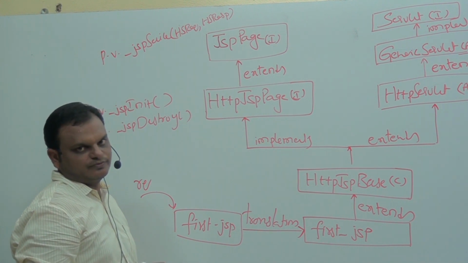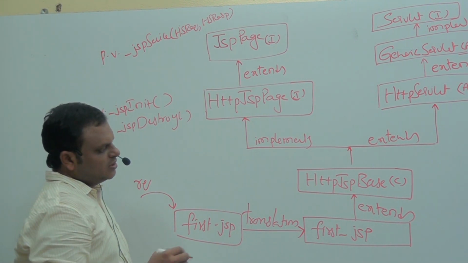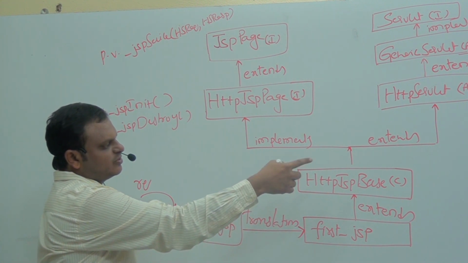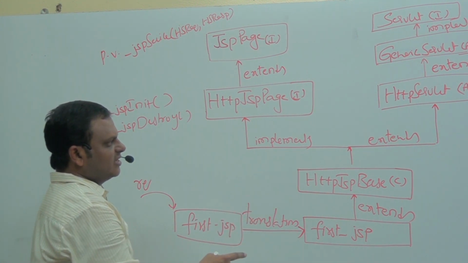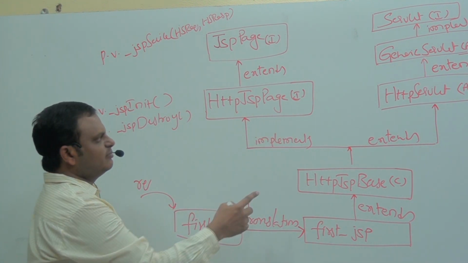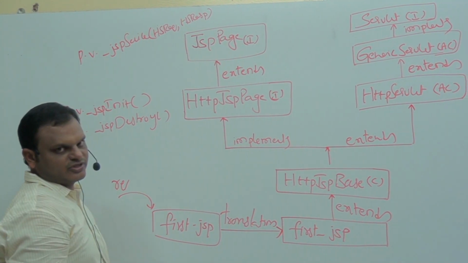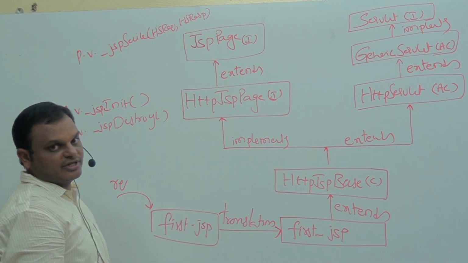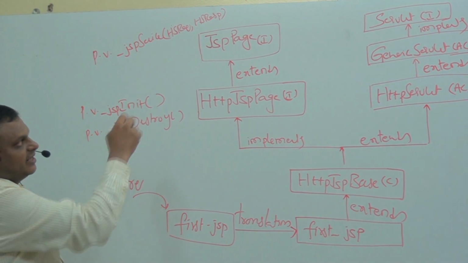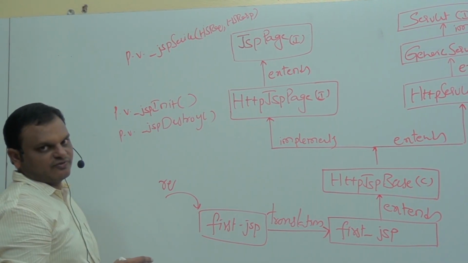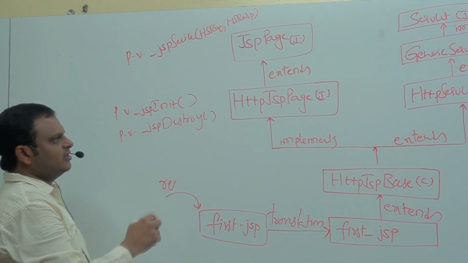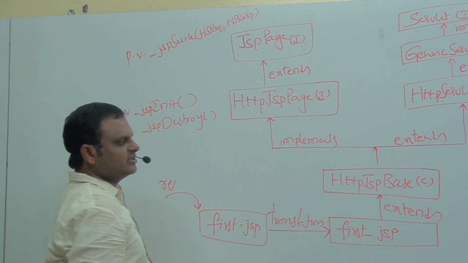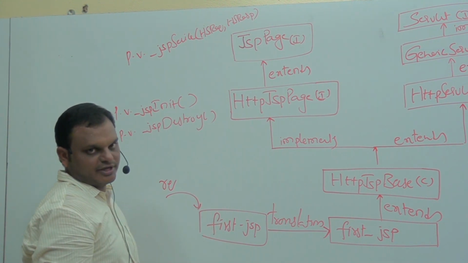In the case of the Tomcat provided web container, the default superclass for every translated servlet from JSP is the HttpJspBase class. It is a child class to HttpServlet and an implementation class to the HttpJspPage interface, so it must provide implementations for all three methods declared in the interface: _jspService, _jspInit and _jspDestroy, with the default implementation.